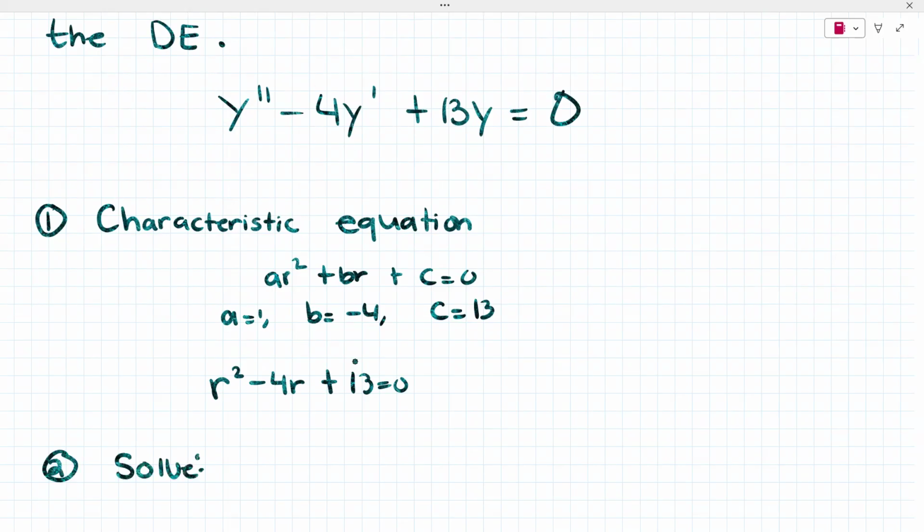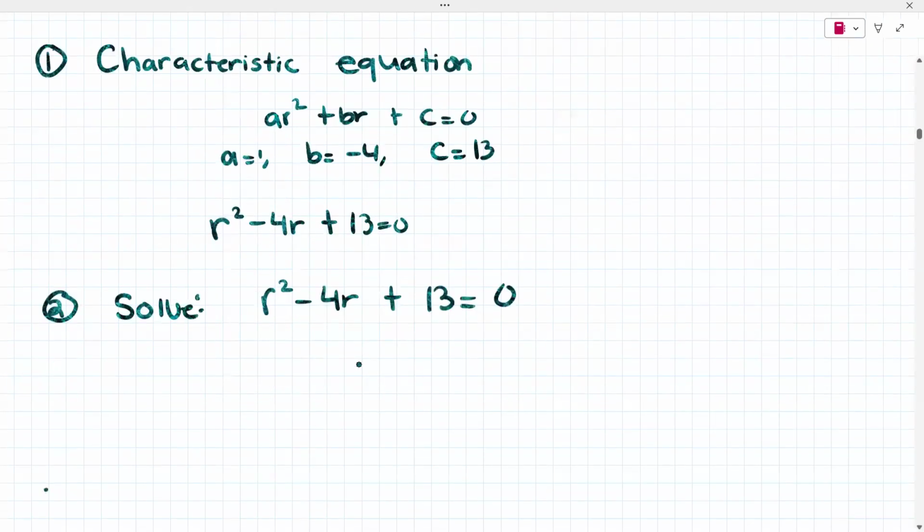And then I'm going to solve. Can we factor this? Two numbers that multiply to 13 and add to -4? No, right? You cannot factor. Impossible. But that doesn't mean it's imaginary, right?